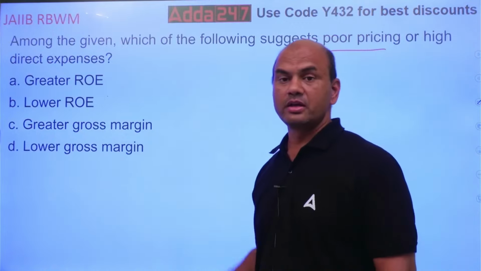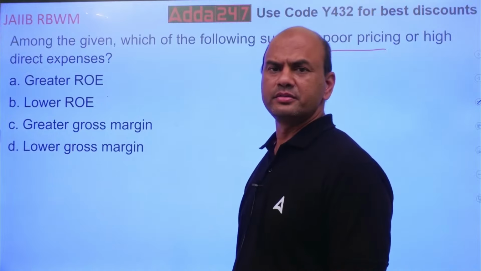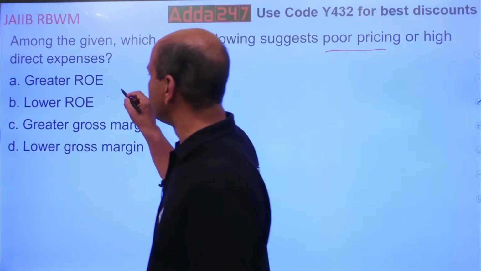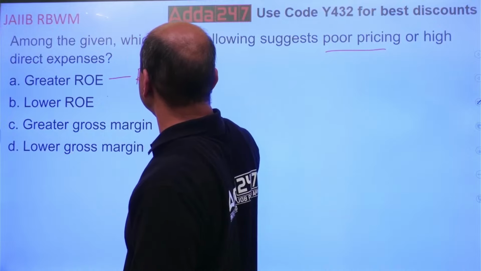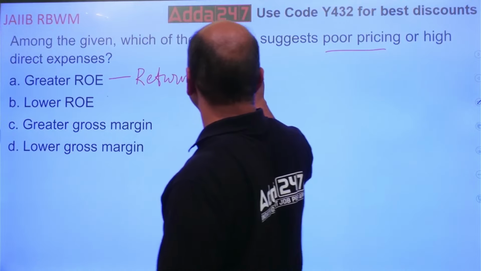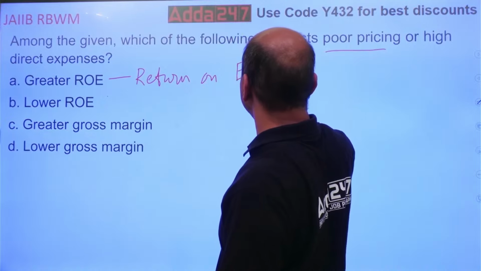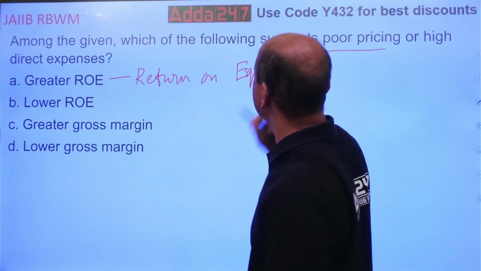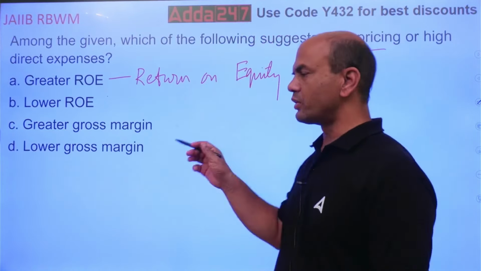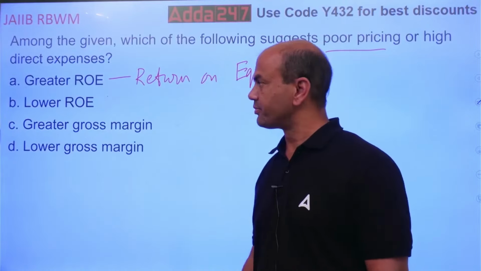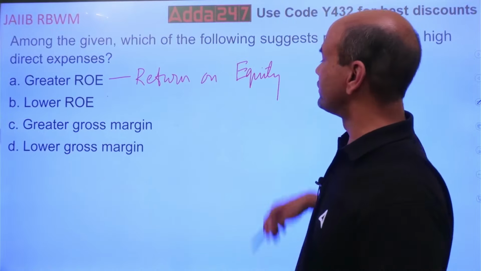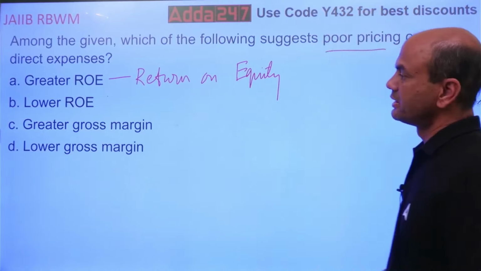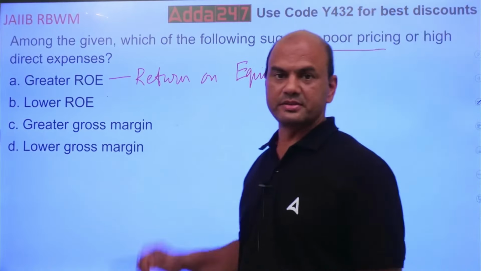Greater ROE. What is ROE? Return on equity. Lower ROE, again lower return on equity. Greater gross margin, poor pricing, you want a poor pricing and lower gross margin.